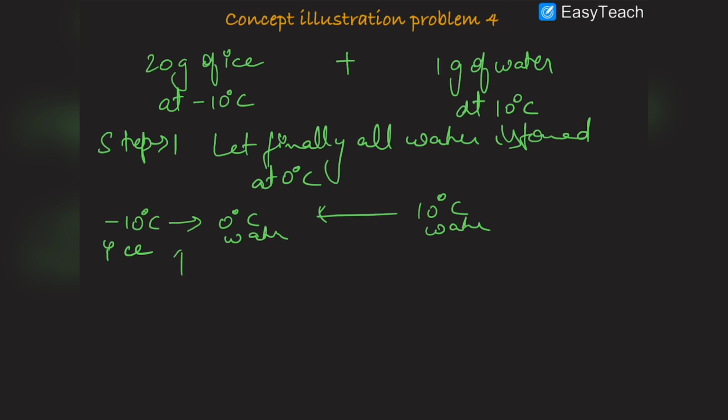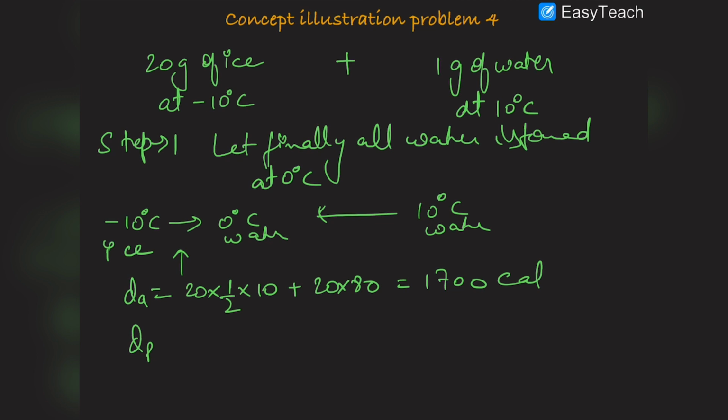Okay, so the heat absorbed by the ice would be 20 into half into 10 plus the heat required to completely melt, which would be 20 into 80. So this would be 100 plus 1600, 1700. So this is 1700 calorie, and the heat released by the water would be m, which is 1, s, which is also 1, and delta T is also 10, so it is equal to 10 calorie.